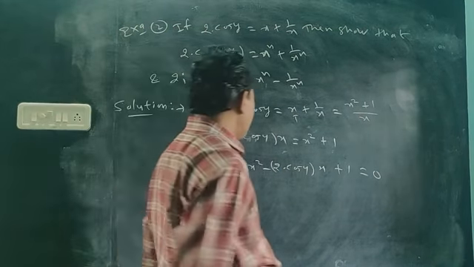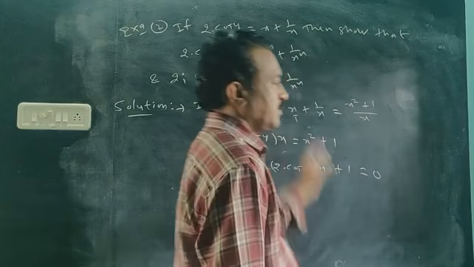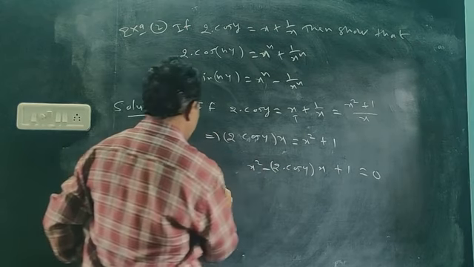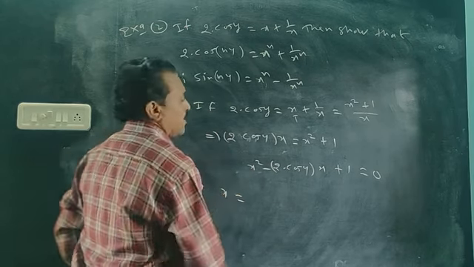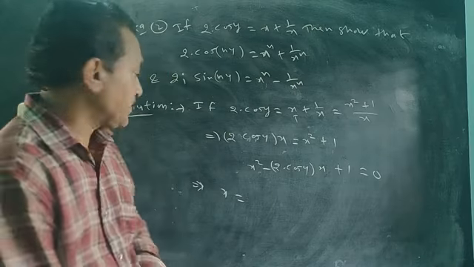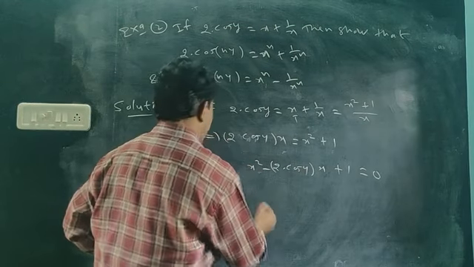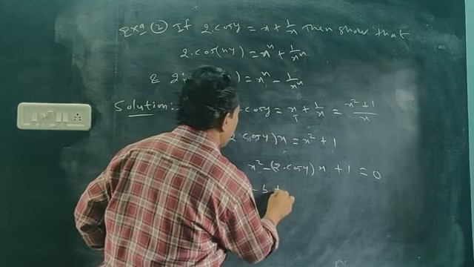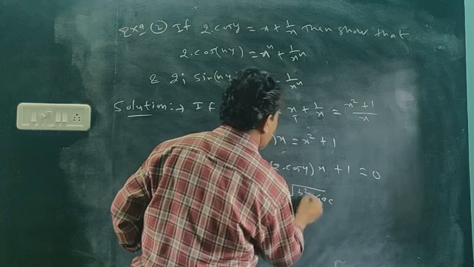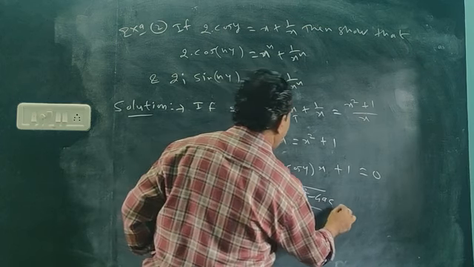Okay, so this is now your quadratic equation. Its roots are not real numbers but complex numbers, because 2 cos y is not a plain number. The formula is minus b plus or minus root of b square minus 4ac upon twice a.